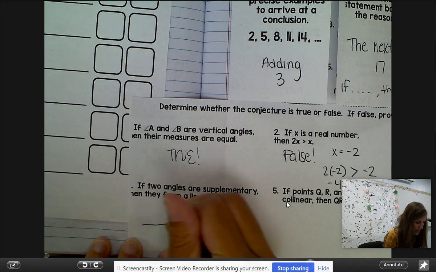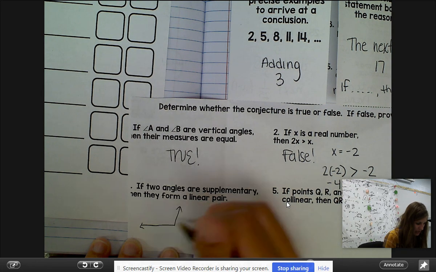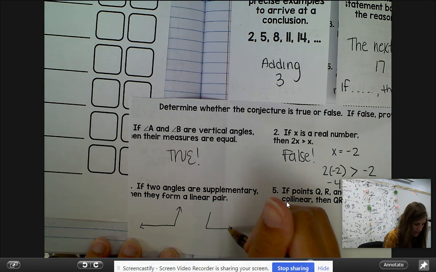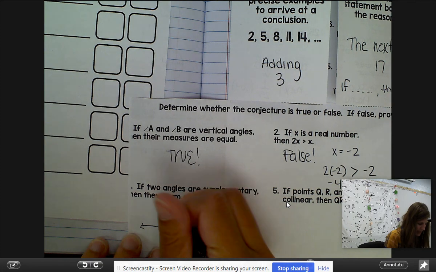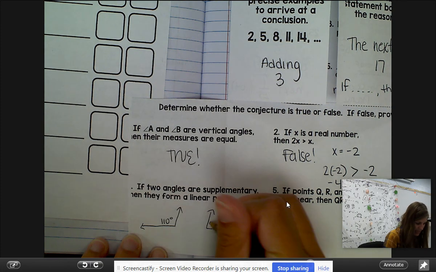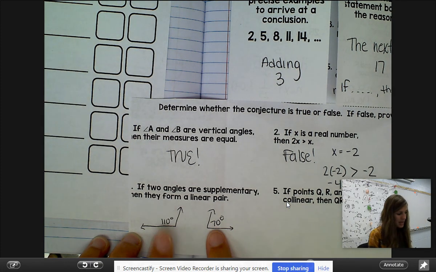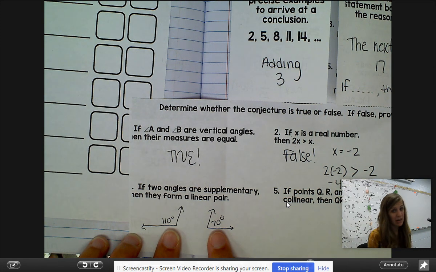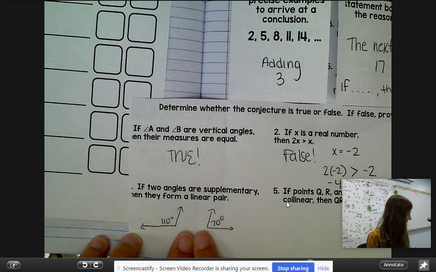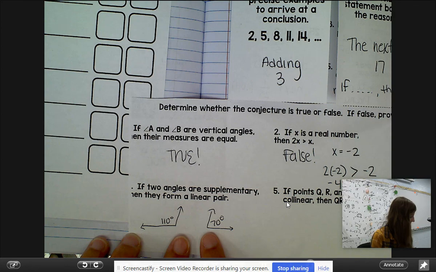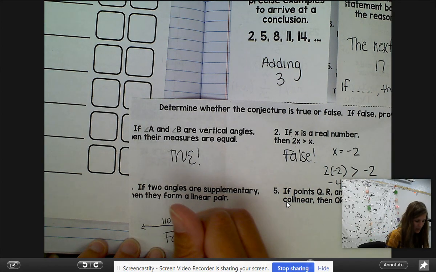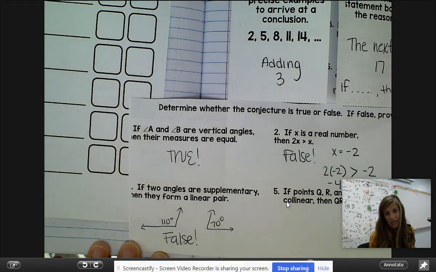So essentially, if I draw non-adjacent supplementary angles, so maybe we say that this is 110 degrees and then this is 70 degrees, they're supplementary, but they're not a linear pair because they're not adjacent and sharing a ray. So that would be false because they are not adjacent.